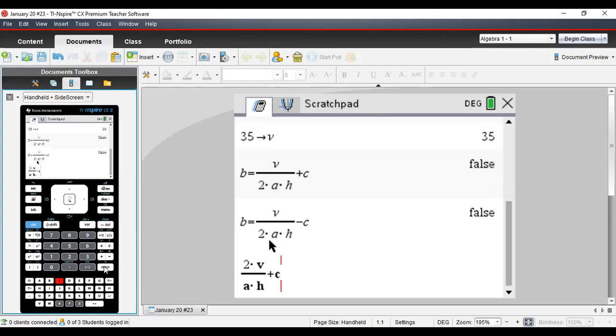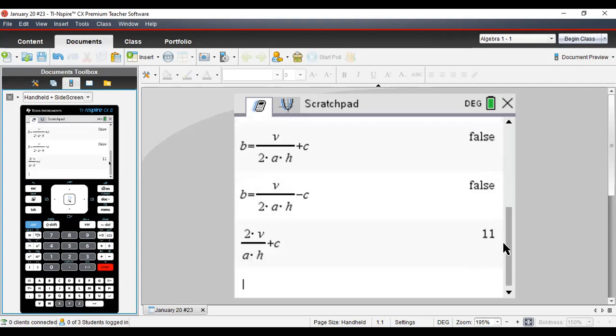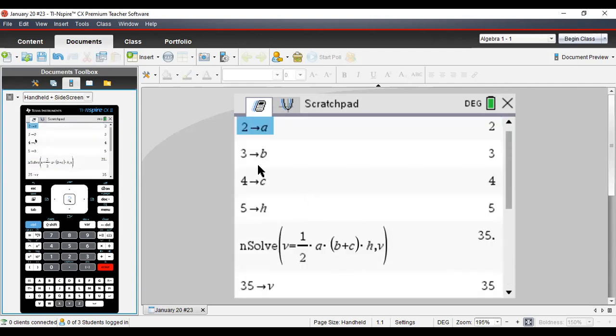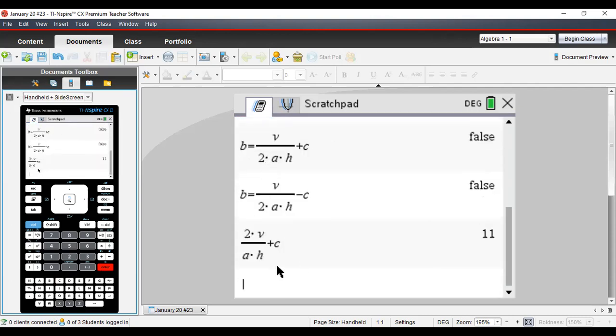Now, if this is right, I should get the value that we plugged in for B, which was 3. And I don't. I get a value of 11. So that doesn't match. It should be 3, because I stored 3 into B. So when I get B by itself, B should be equal to 3.